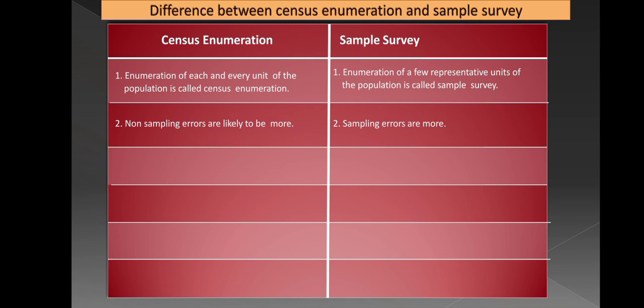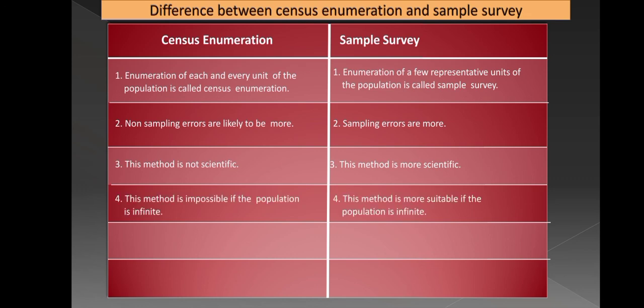We have already gone through it, and under sample survey the difference is that sampling errors are more. The third point is, this method is non-scientific in census enumeration, and under sample survey this method is more scientific. The fourth one is, in census enumeration the method is impossible if the population is infinite, whereas the sample survey method is more suitable if the population is infinite.